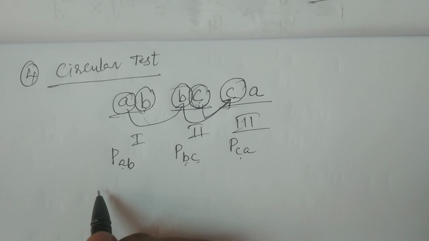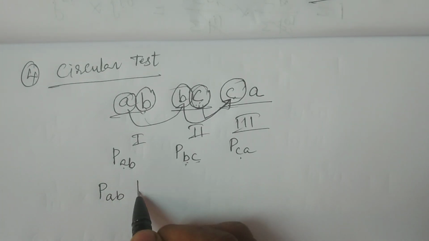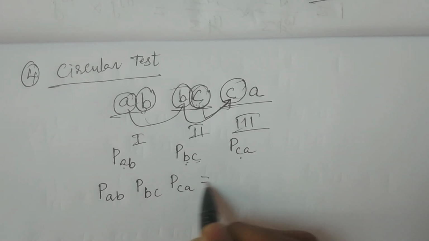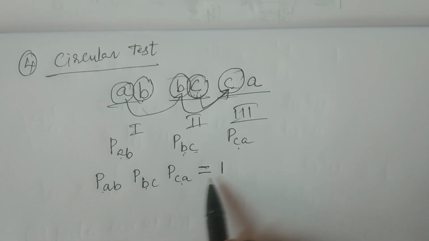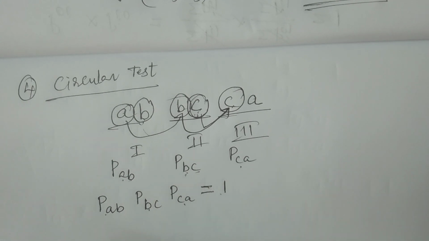So therefore, you can simply specify that even if you interchange the time periods for three time periods, we should get the value 1. That is, PAB into PBC into PCA must be equal to 1. For example, I consider this as the time reversal test. The Kelly fixed weight index number satisfies the time reversal test.